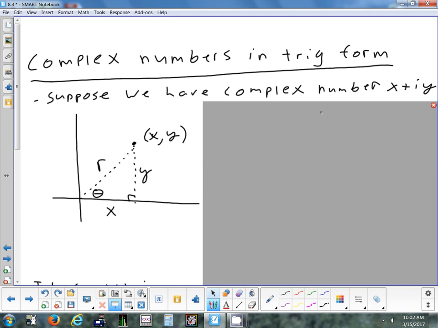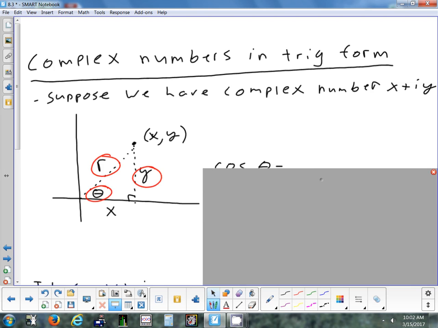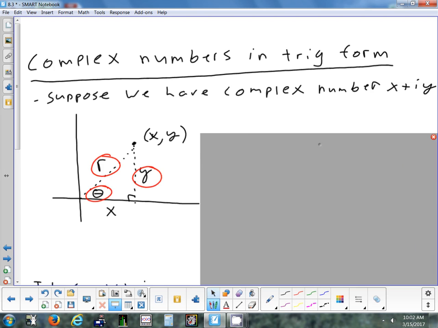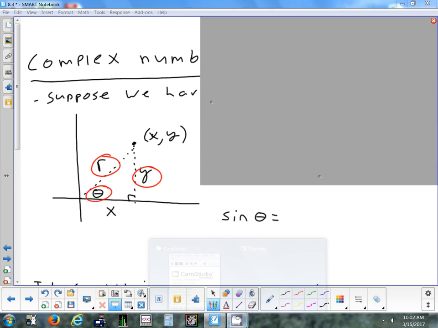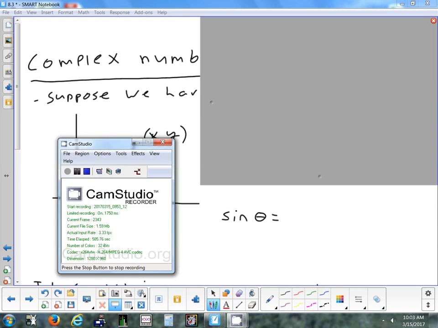So I want to use two different trig functions. Anybody know what trig function I could use that would involve this angle, this side, and that side? Sine. Yeah, what would you write down? Sine of theta equals y over r.